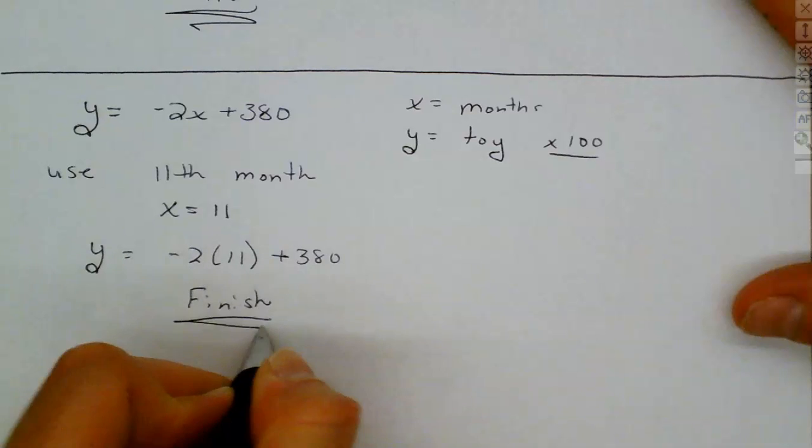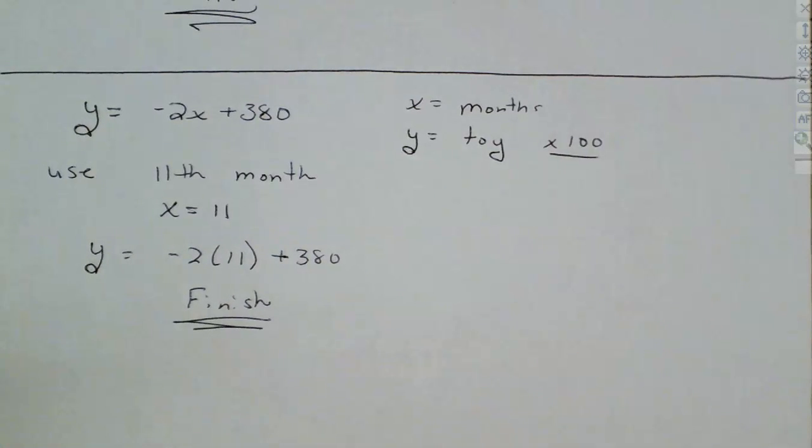Now, when you get your answer, multiply that answer by 100 because Y is in terms of hundreds of toys sold. So you get your answer, multiply it by 100. So it's going to be several thousand. Is everyone okay with that? So you just plug it in, get your answer, multiply it by 100 because toys are in hundreds in this case.